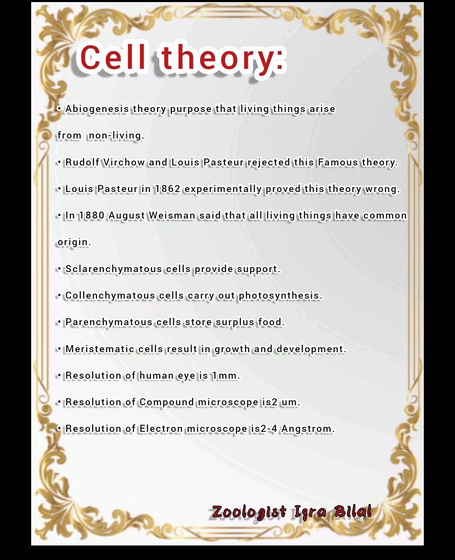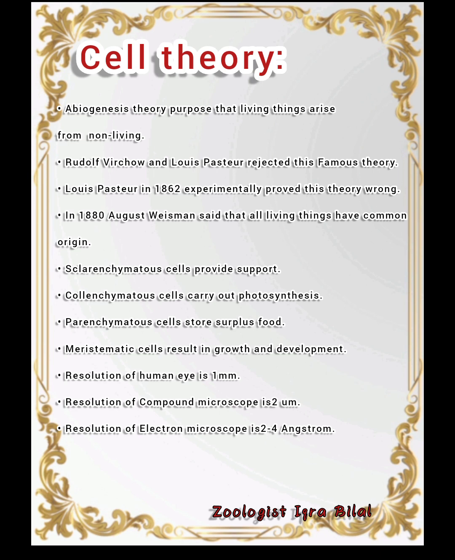Rudolf Virchow and Louis Pasteur rejected this famous theory of abiogenesis. Louis Pasteur in 1862 experimentally proved this theory wrong, that living things cannot arise from non-living things. In 1880, August Weismann said that all living things have a common origin. This statement is very important to remember.